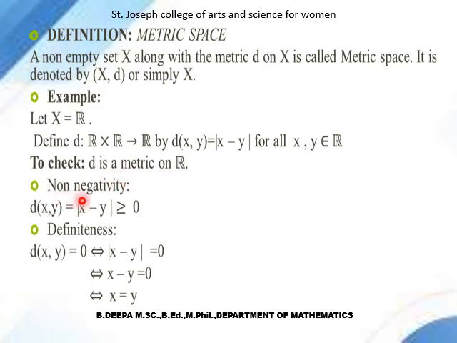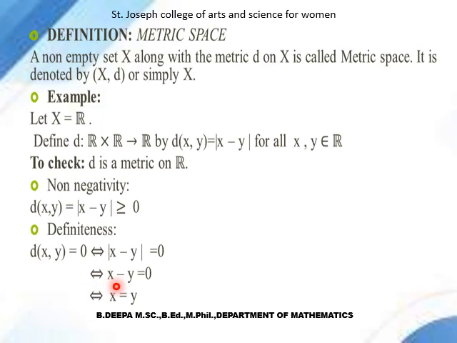So the first condition is non-negativity. D of x comma y equals modulus of x minus y. We know that the modulus value is always greater than or equal to 0. So modulus of x minus y is greater than or equal to 0. Next, definiteness: D of x comma y equals 0 if and only if modulus of x minus y equals 0.